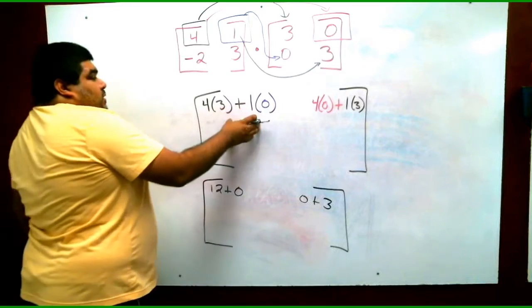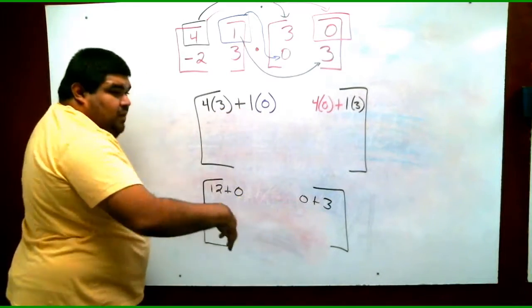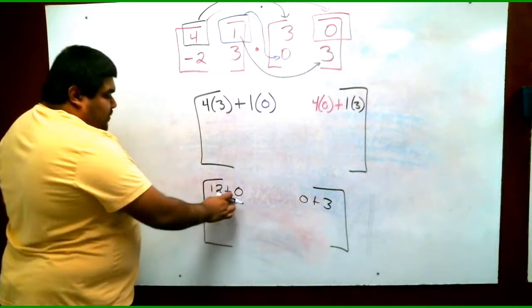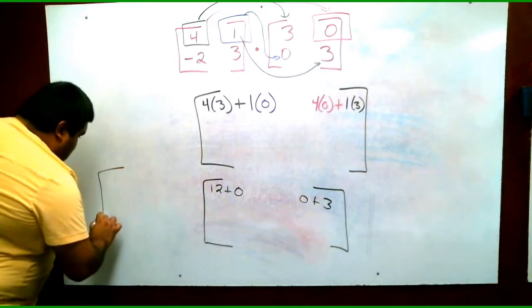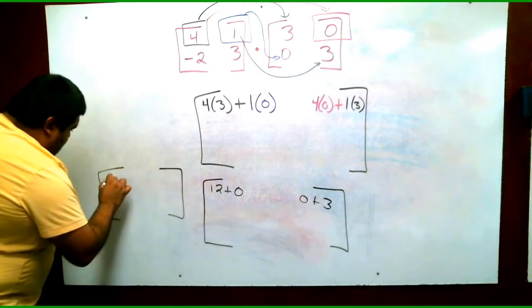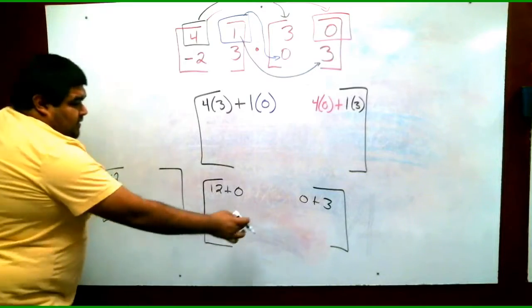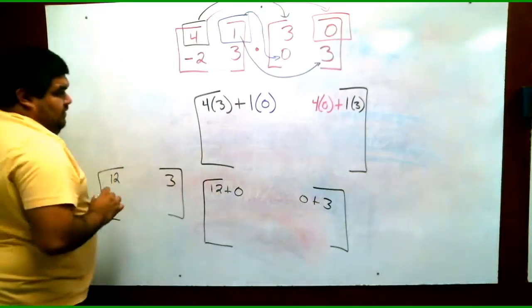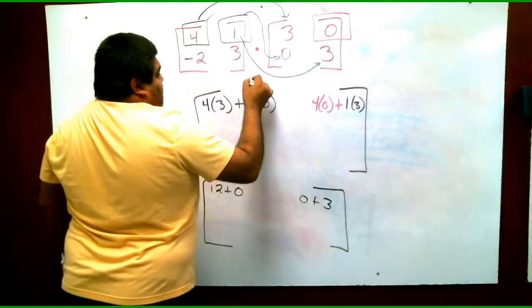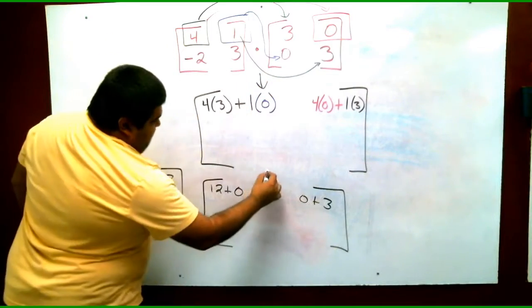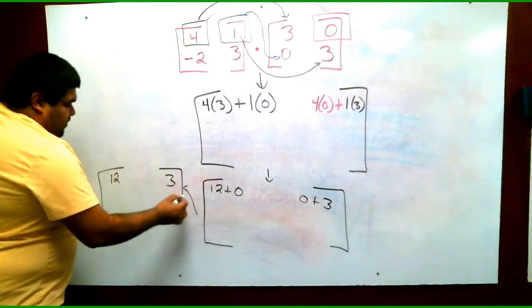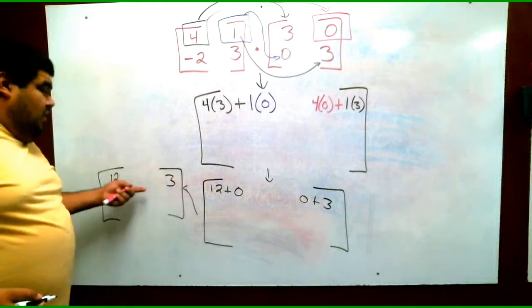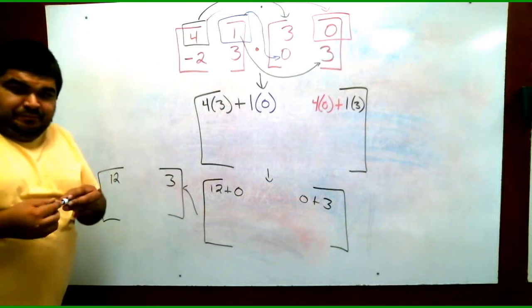So we went from one equation to the next. Now we can actually simplify. 12 plus 0 is 12, and then 0 plus 3 is 3. So we went from the first step, to the second step, to your third step, to your final answer on the top part of the matrices.